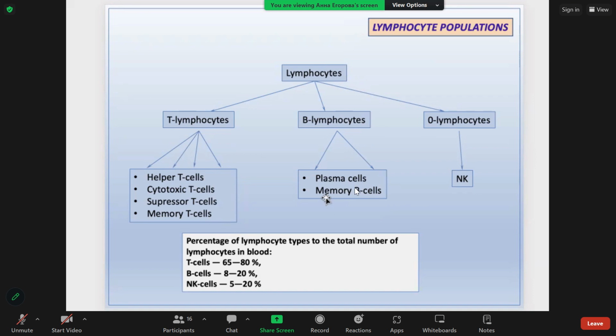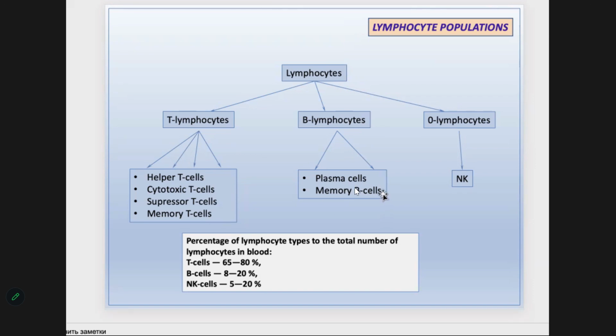T memory and B memory cells store information about the alien substances, about the pathogens, and form the immediate immune response during the second or third invasion of these antigens. And 0 lymphocytes, or natural killers, also kill different alien substances and pathogens.